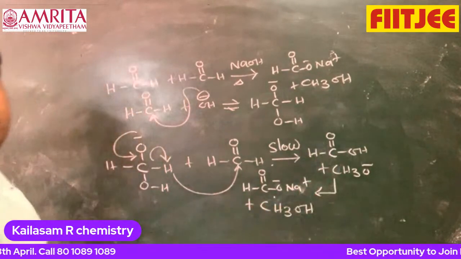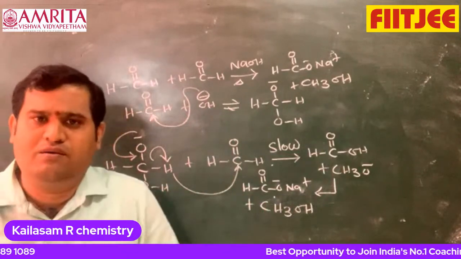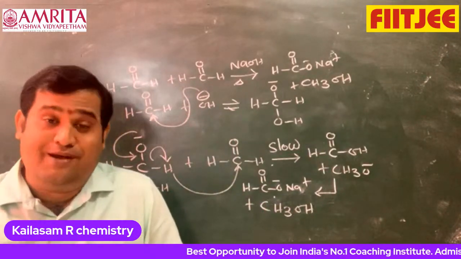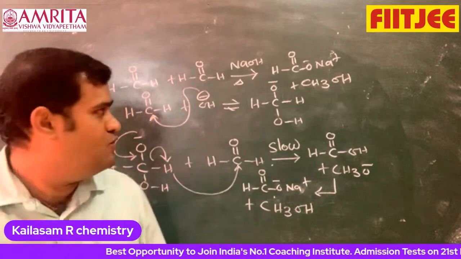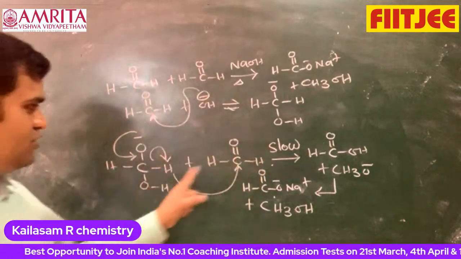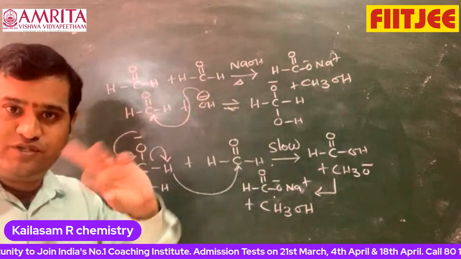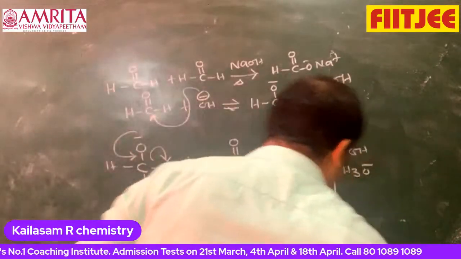That's all. This is the product of the reaction. So fine, this is the mechanism, and hydride transfer is the slow step. Suppose in the exam, what will they ask you? Look at that.